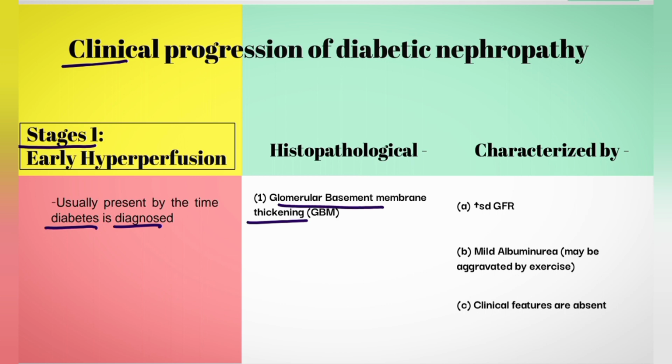This stage 1 is characterized by an increase in the glomerular filtration rate. Albuminuria will be present, but in a mild condition, and this albuminuria in stage 1 can be aggravated by exercise. However, there will be no clinical feature present in this stage 1.